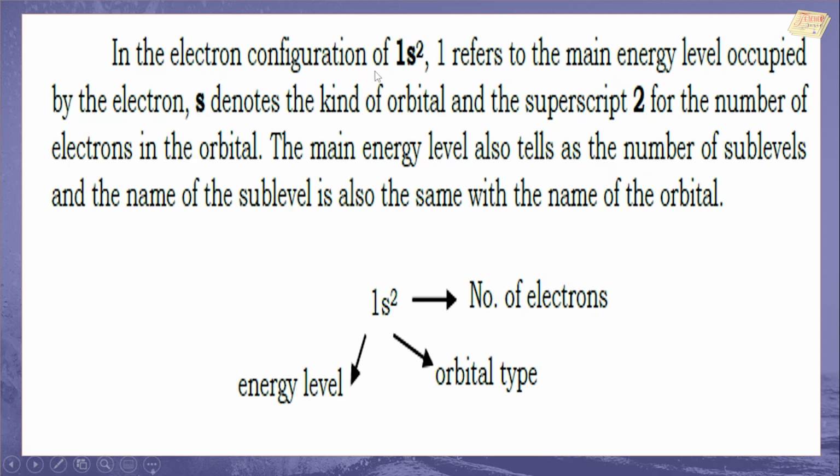In the electron configuration of 1s2, 1 here refers to the main energy level occupied by the electron. The s denotes the kind of orbital and the superscript 2 the number of electrons in the orbital. The main energy level also tells us the number of sublevels, and the name of the sublevel is the same as the name of the orbital.